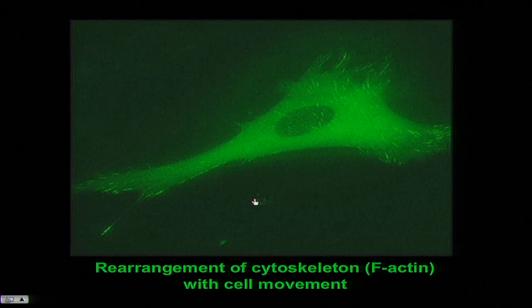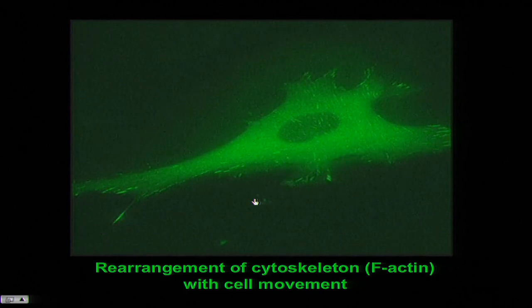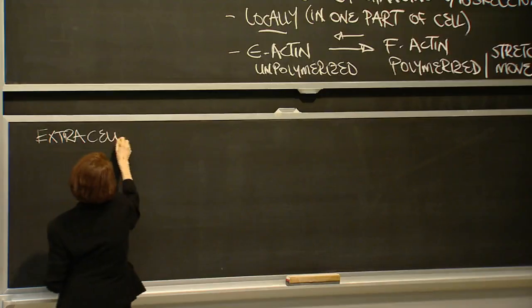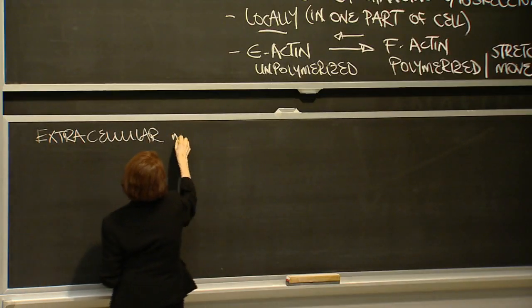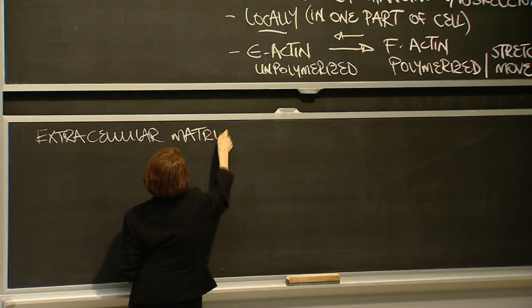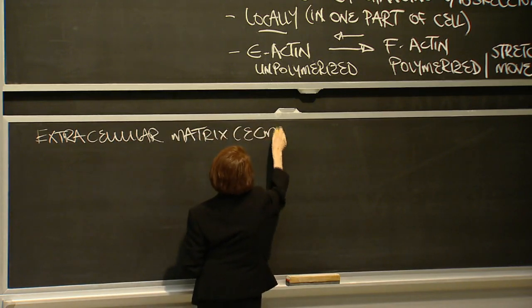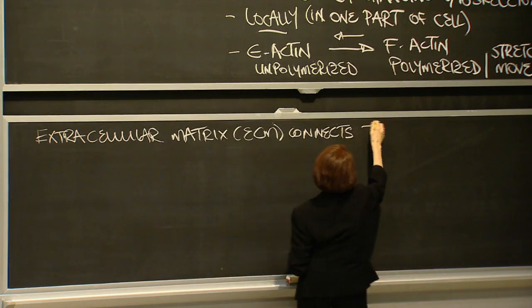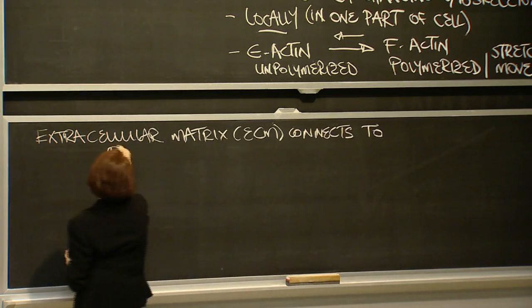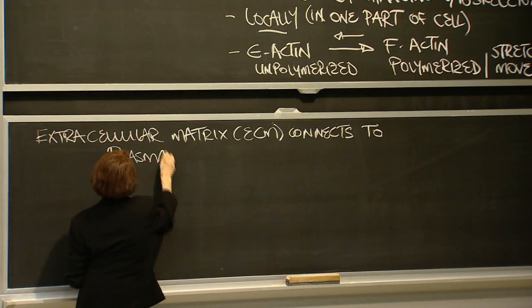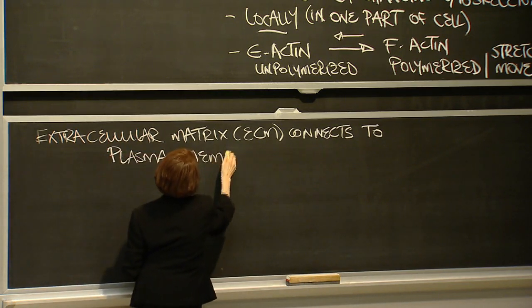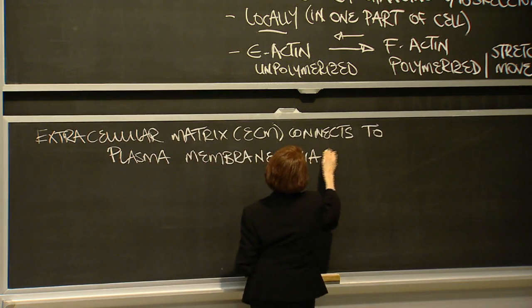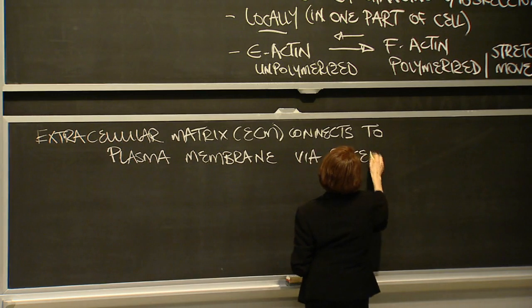The idea is that the extracellular matrix, the ECM, connects to the plasma membrane via receptors on the plasma membrane.